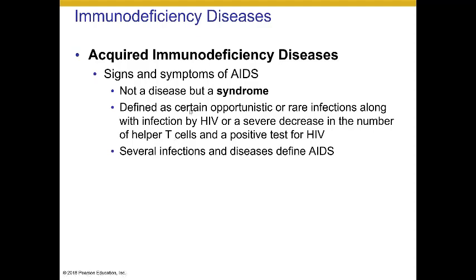And then you also have a variety of certain opportunistic or rare infections. So the combination of all three of these things is what tells a doctor that a patient has AIDS, and also why we call it a syndrome and not just a disease, because you can have a variety of other infections as the result of having an HIV infection to begin with. So you need several infections and diseases, positive tests for HIV, and low helper T cell count to be qualified as having full-blown AIDS.